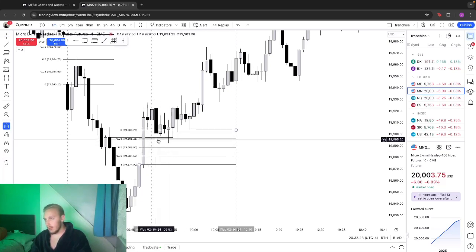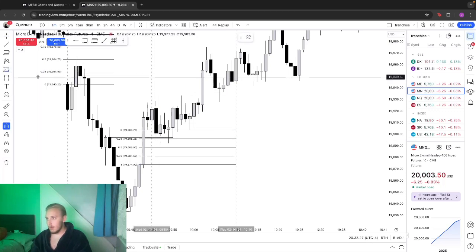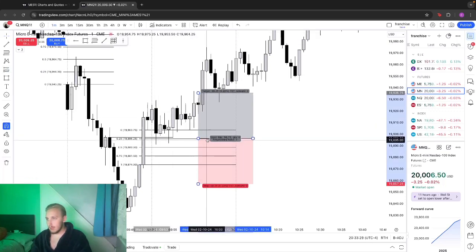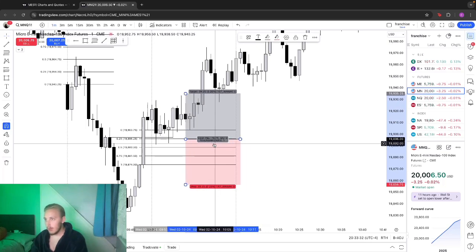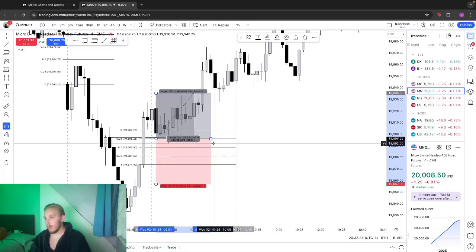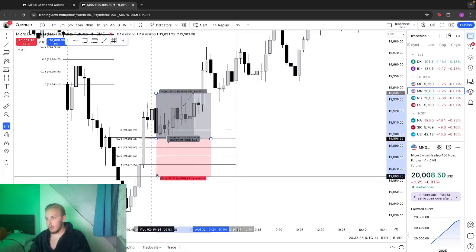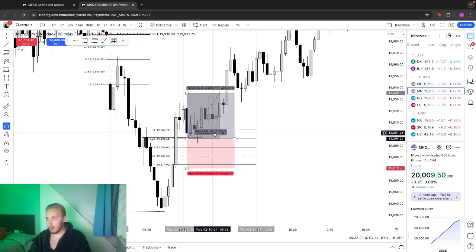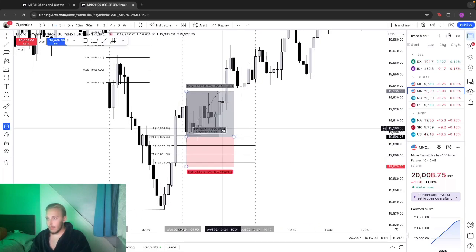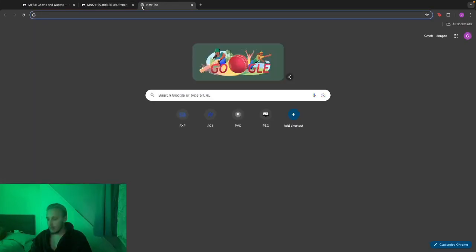Now you could have had limits on the upper quadrant right there, because that's what ICT says. He always says you don't want to see all of your fair value gap be repriced. So your stop loss could have either been below 50%, below the lower quadrant, or just at the wick of candle number 2. Now if we'd have done the wick of candle number 2, we've got 102 ticks.